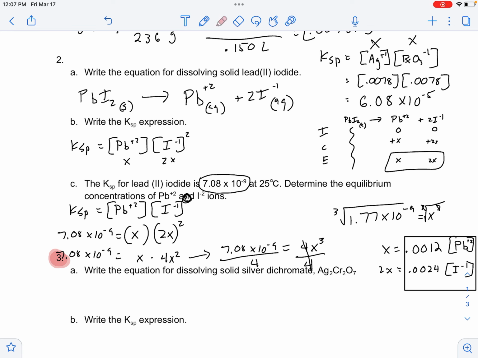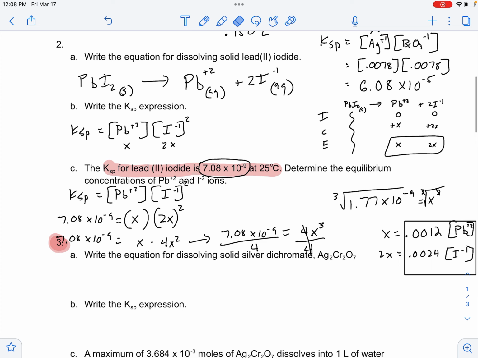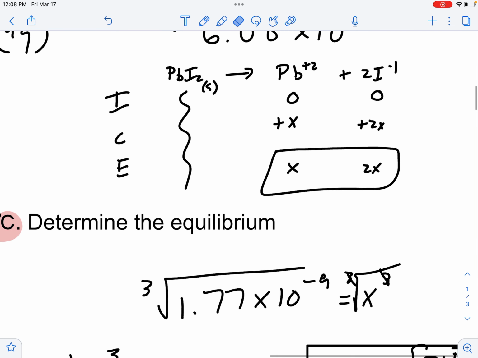if we have KSP provided at a given temperature, they want us to determine the equilibrium concentrations of Pb+2 and I-2. So what we did with this problem for number 2 was we identified the equation, we did an ICE table, and we understand that PbI2 is a solid and it is not factored into our equilibrium expression.